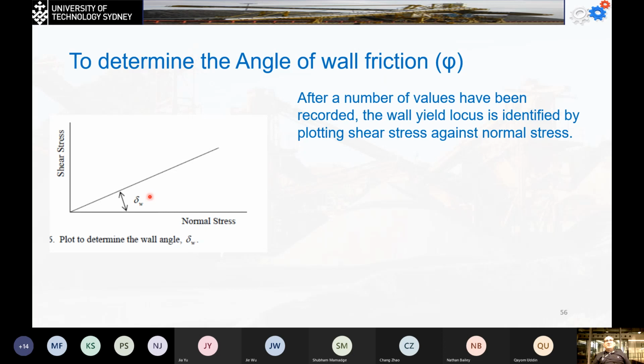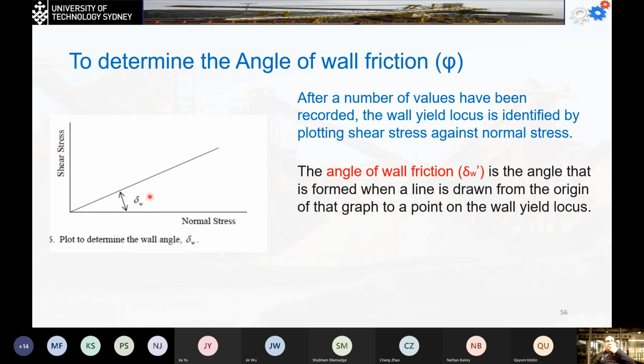After a number of values have been recorded, the wall yield locus is identified by plotting the shear stress against normal stress. The wall friction angle, delta W, is the angle formed when a line is drawn from the origin of the graph, the 0,0 point, to the point on the wall yield locus. And that's what we're going to learn by using SolidWorks.